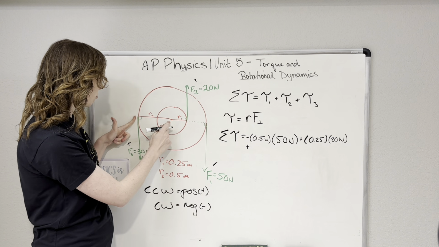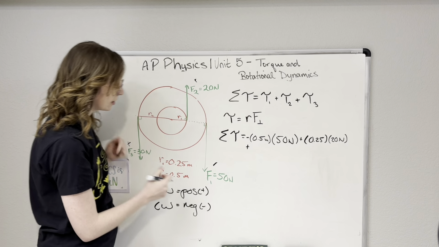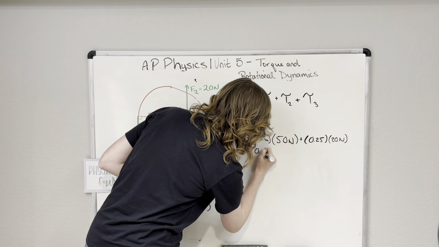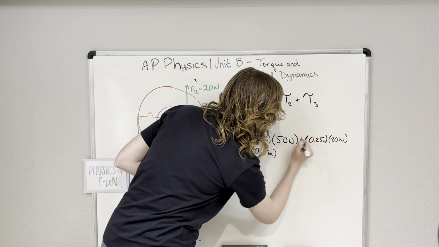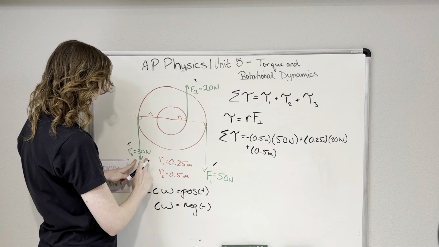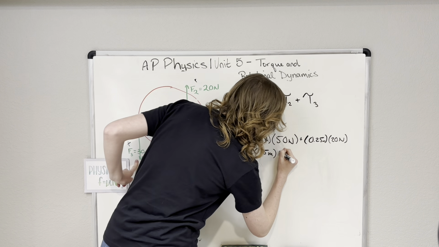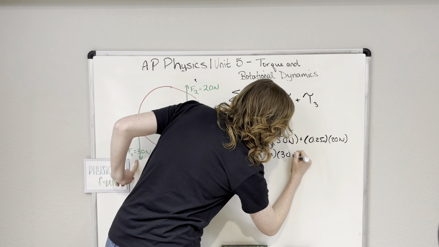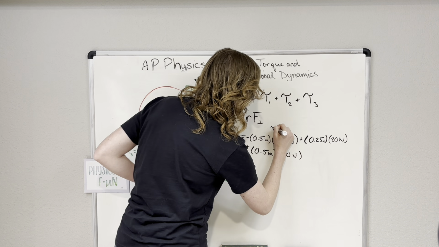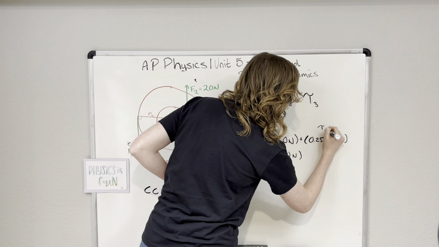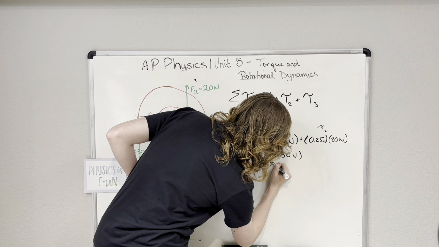So that's acting with radius 2, so that's the 0.5 meters again. Oh, and this is meters. And then it has a magnitude of 30 newtons, being the perpendicular component of our force there. So this here is torque 1, this is torque 2, and this is torque 3.